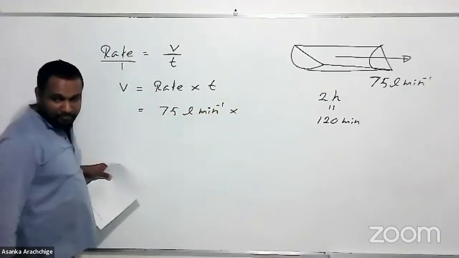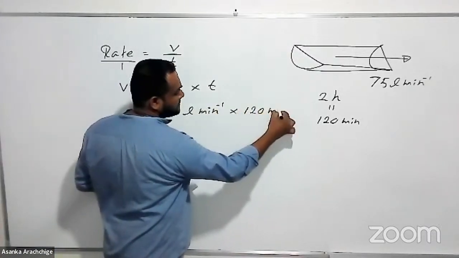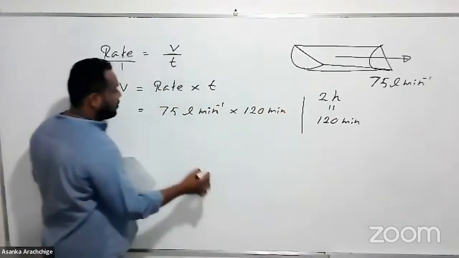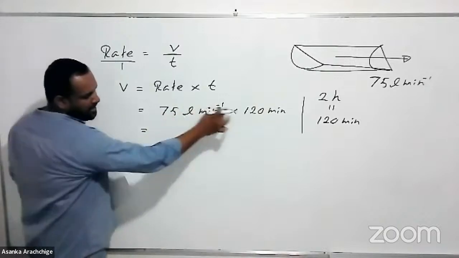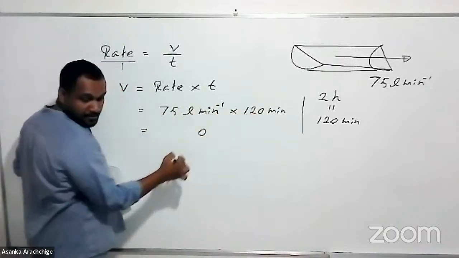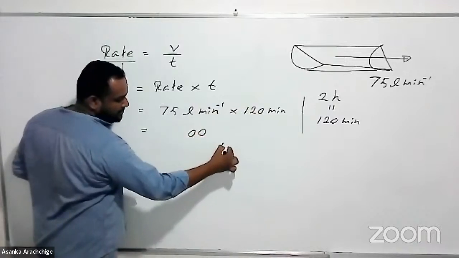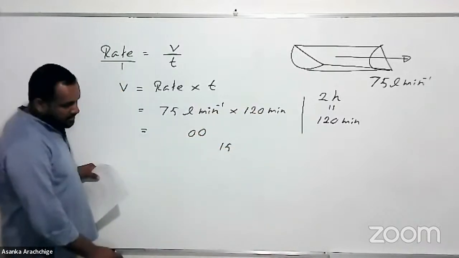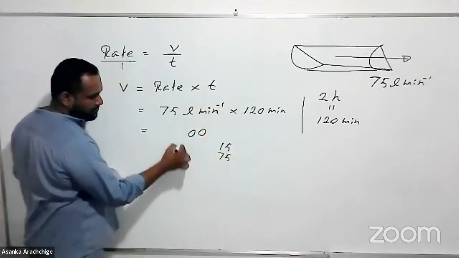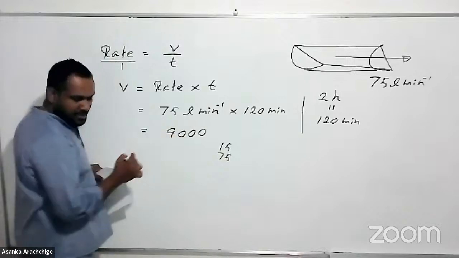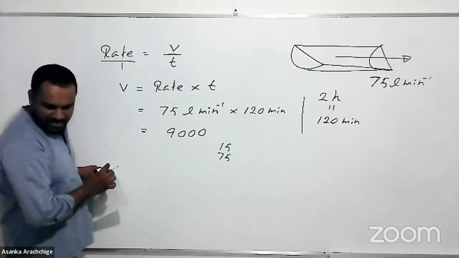What is the time? 120 minutes. Now multiply. 75 times 0, 0. 75 times 2, 150. 15 remaining. 75 times 1, 75 plus 15, that is 90. Is that clear?